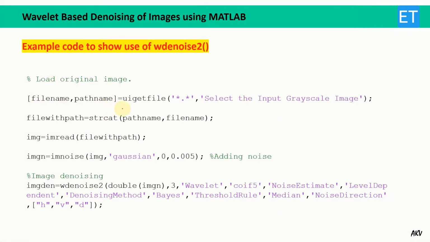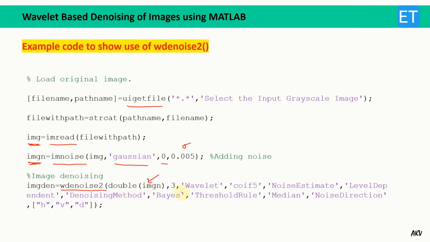Here you can see that first uigetfile is executed. You can choose your image, then imread reads it, and the whole image's pixels go into this img variable. Since this image is noiseless, I'm adding noise using imnoise. We are adding Gaussian noise of 0 mean and noise variance 0.05. So imgn is my noisy image, and then I'm calling this function wdenoise2.